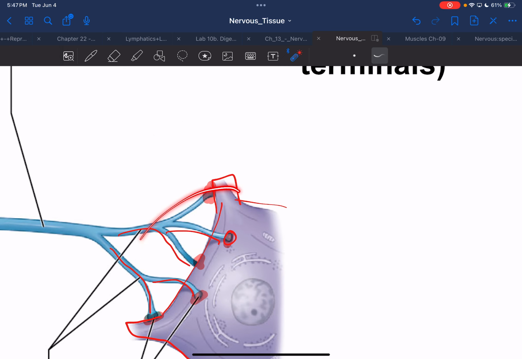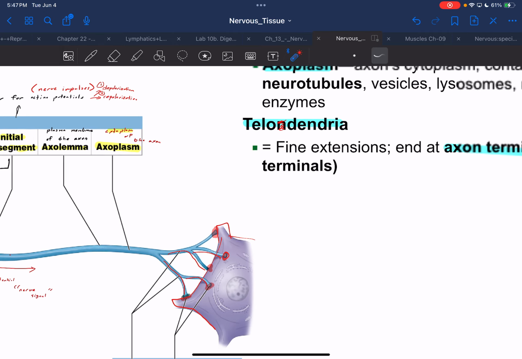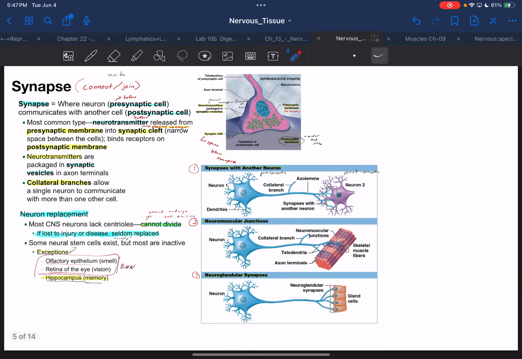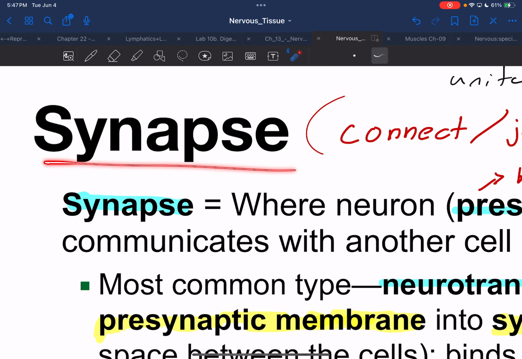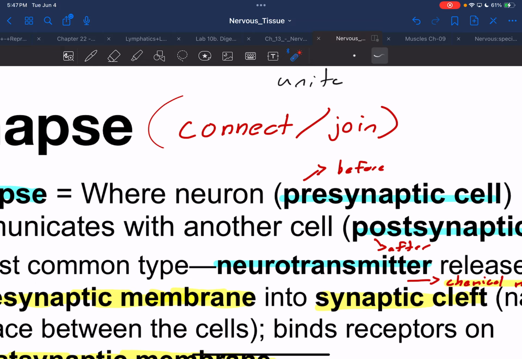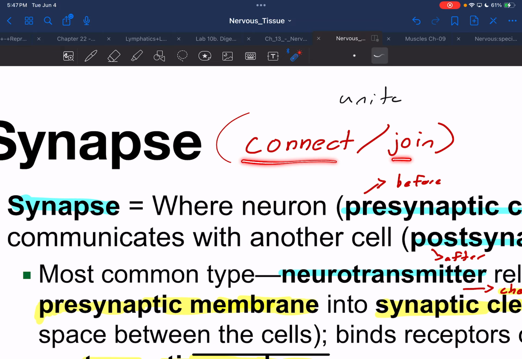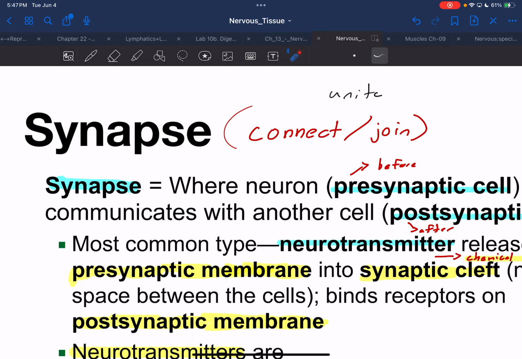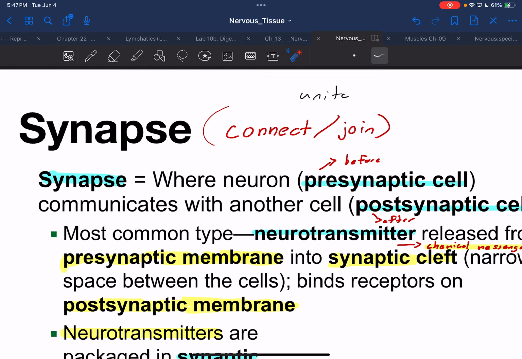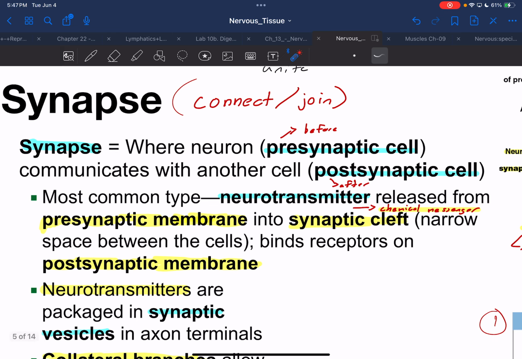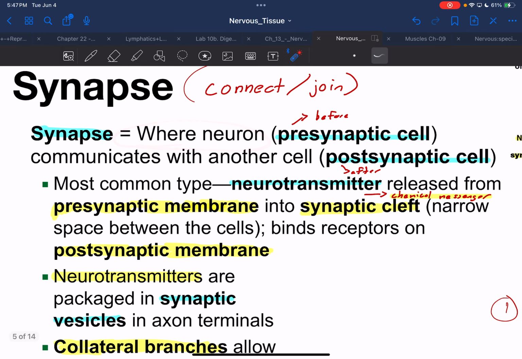This connection is called synapses, which is what this next page is on, synapse. And synapse means to connect, join, or unite. That's what a synapse is, where one cell, especially a neuron, primarily a neuron, will connect with another cell.